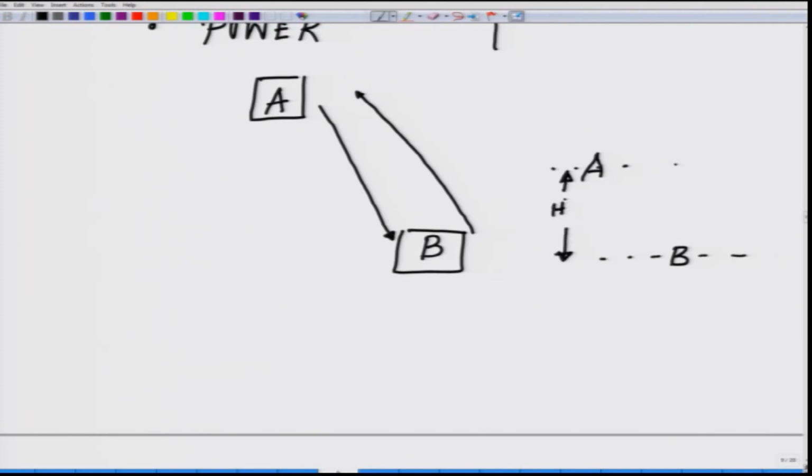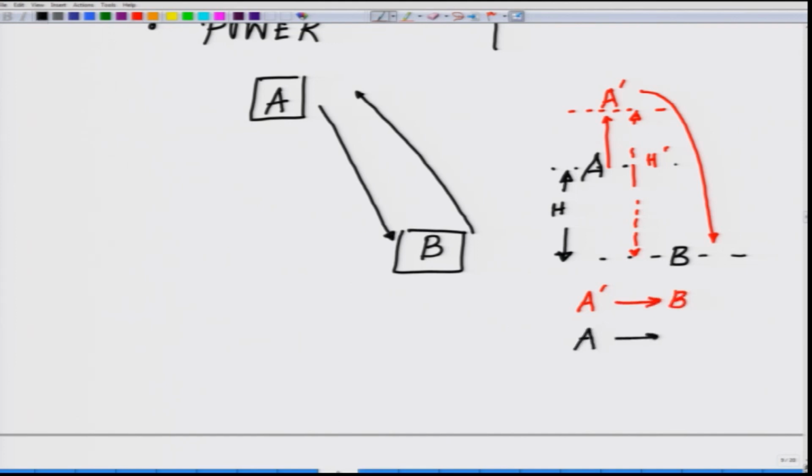Now, if I raise this A even further up, what will happen? This height will become h prime. If the new A's position is here, then from A prime to B, as compared to A to B, there will be more force generated.